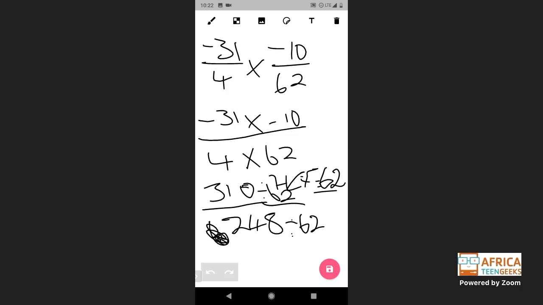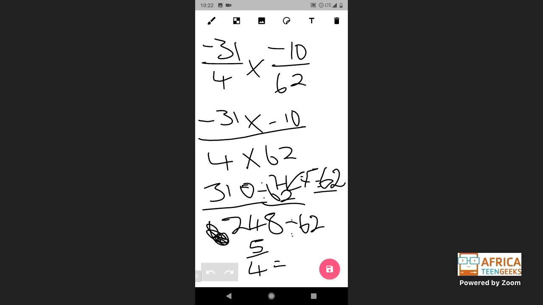While we are still doing it, also do it yourself. Right? Just write and understand and all that. So 310 divided by 62 will be 5 over, and then we'll have 248 divided by 62. That will give us 4.